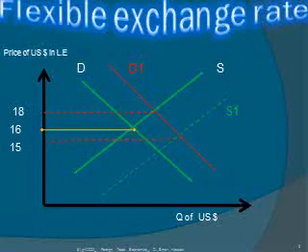The first one is 16. This 16 refers to the intersection point between the initial supply curve and the initial demand curve. The level of 18, the new price, is the intersection point between the initial supply curve and the new demand curve.